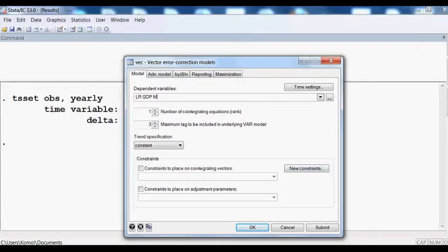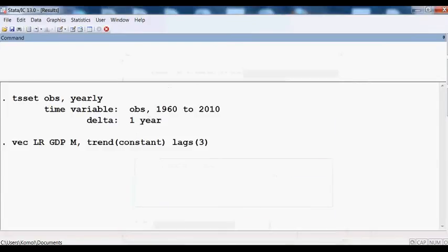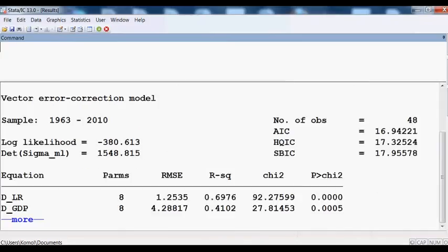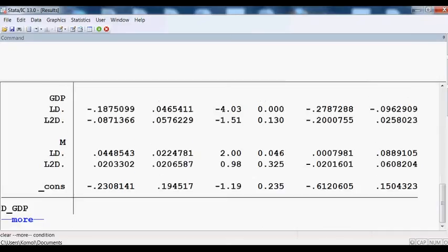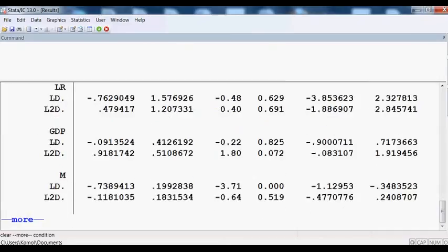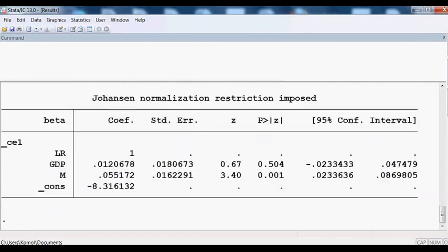Okay, everything is set, so I proceed. Okay, this is the outcome. The outcome has come up.